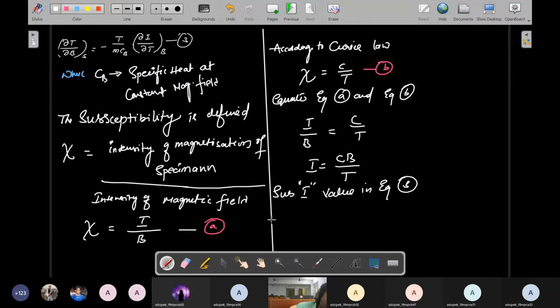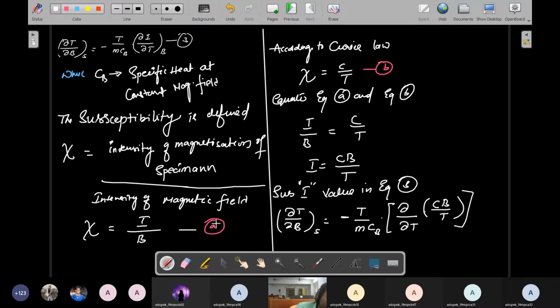So in equation 3 you will get dou T by dou B at constant entropy S is equal to minus T divided by m C suffix B into dou by dou T of I, where I is nothing but C capital B by T. So this is your final equation at constant magnetic field.